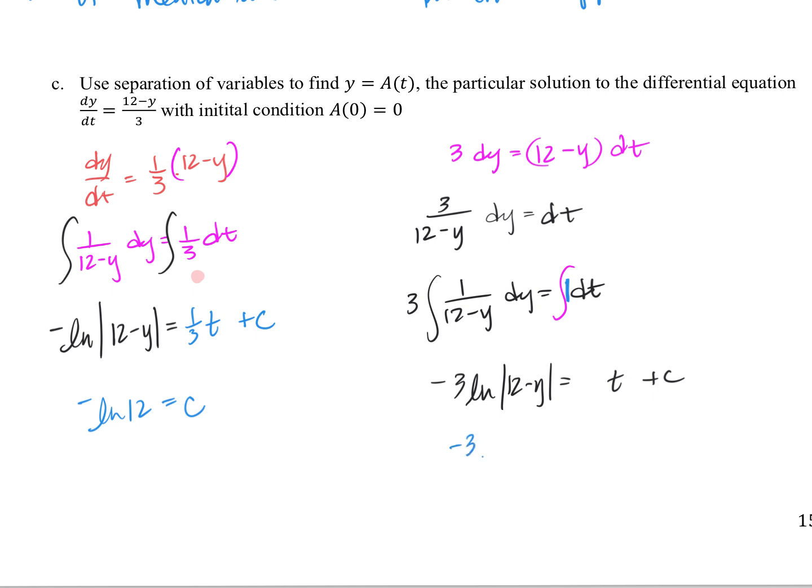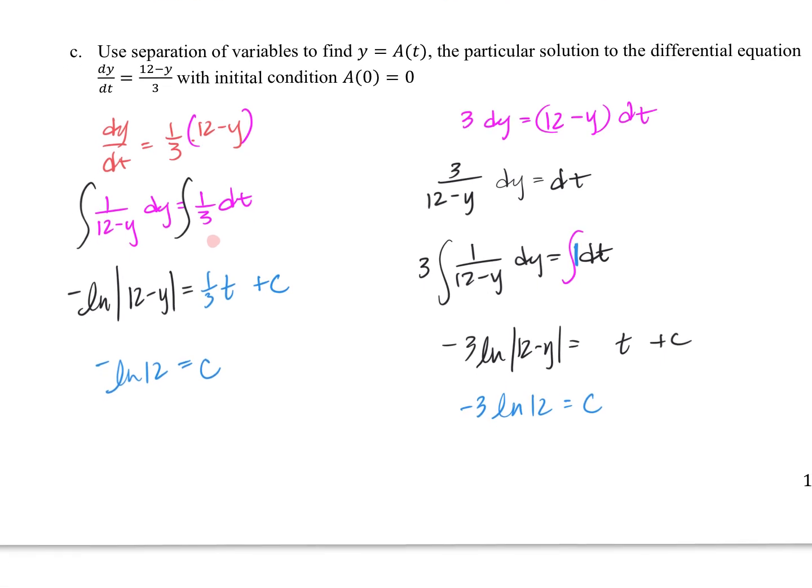Would Biskey have gotten the same thing? Okay, Biscuit, this is interesting, because you still have your negative. Our constants look different right now. When we plug it all in and get y by itself, it's all going to work out.